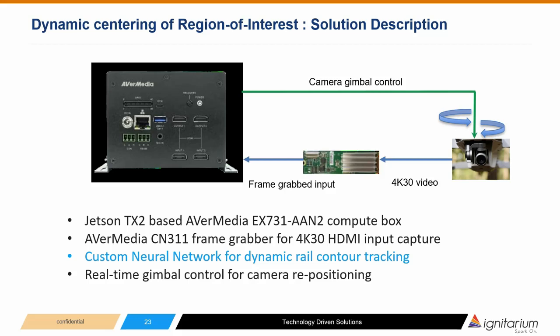Ignitarium's proprietary custom neural networks running on the TX2 inspect incoming frames, extract contours of the rails via a combination of segmentation and custom classifiers, compute the centroid of the rails correlated with the centroid of each frame, and then generate correction signals.